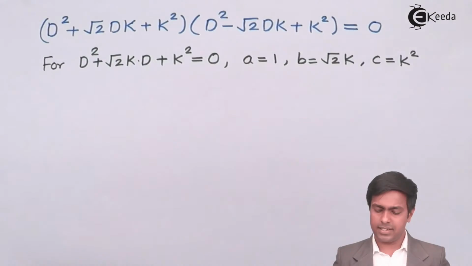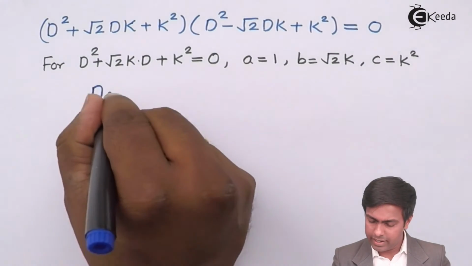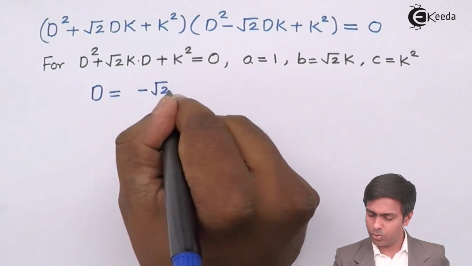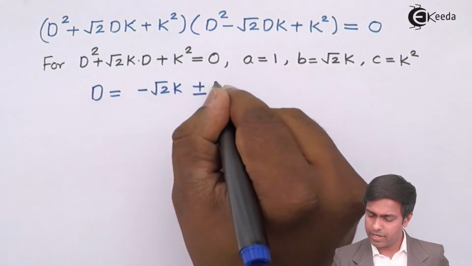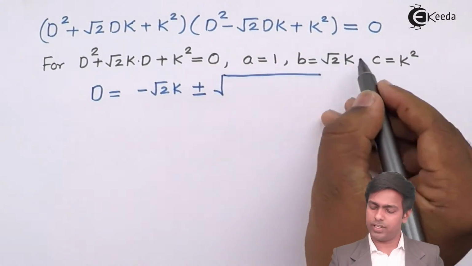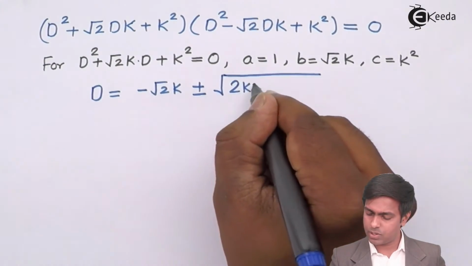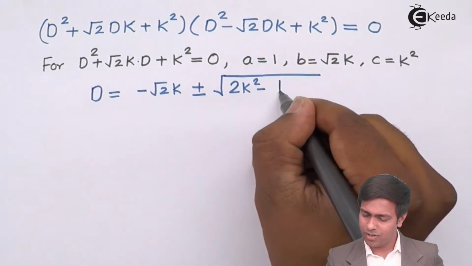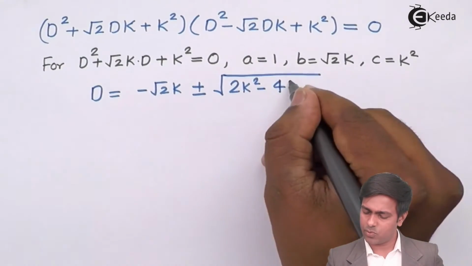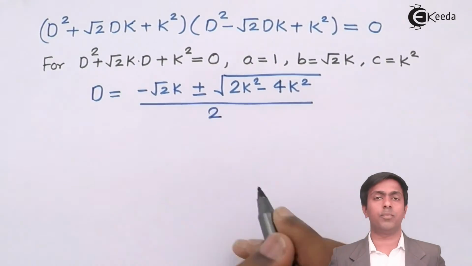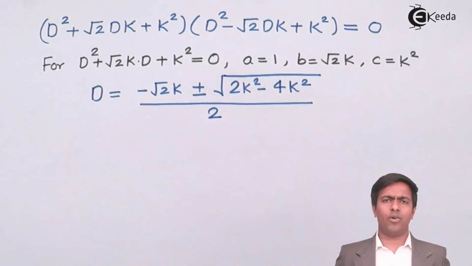The formula to find d is negative b, so that will become negative root 2k, plus or minus square root of b square. So square of this would be 2k square, minus 4ac. So 4, a is 1 and c is k square, so 4k square, upon 2a, so that will be 2 because a is 1. Now let's simplify this.